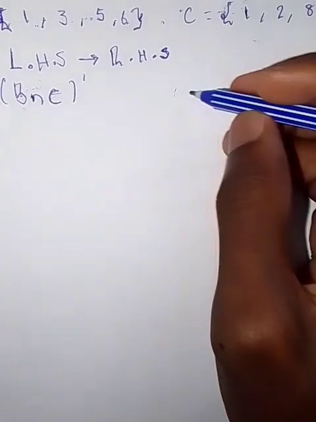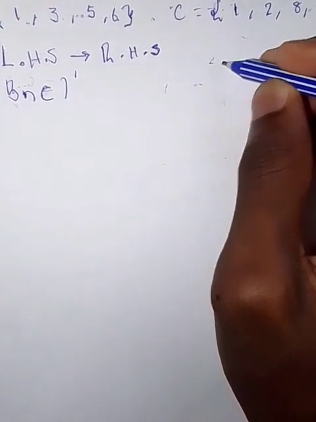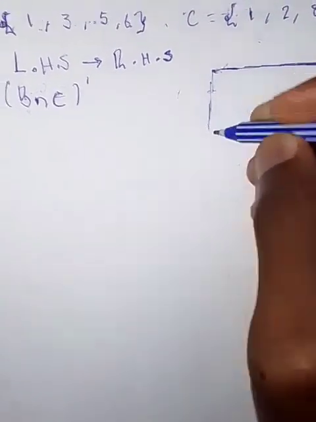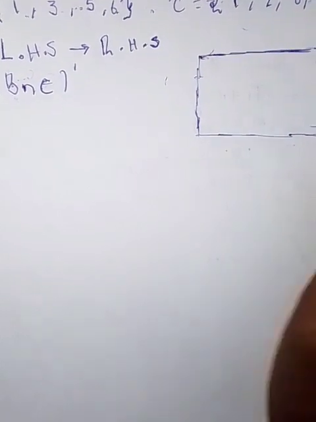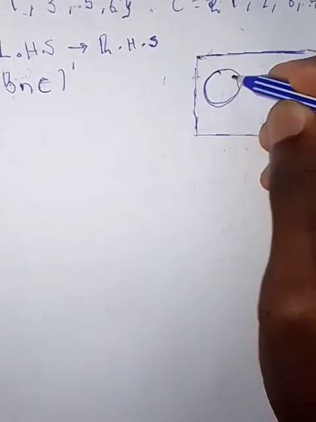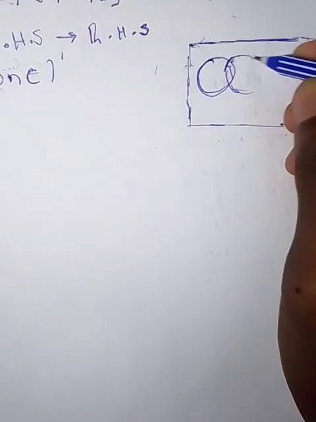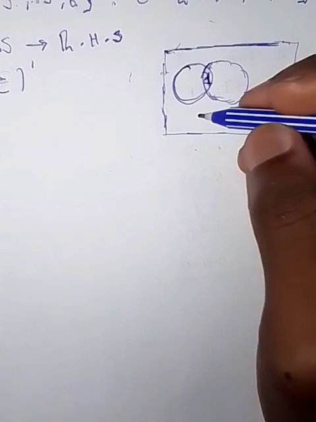The easiest way to solve this is to come up with a Venn diagram. So here we have 1.